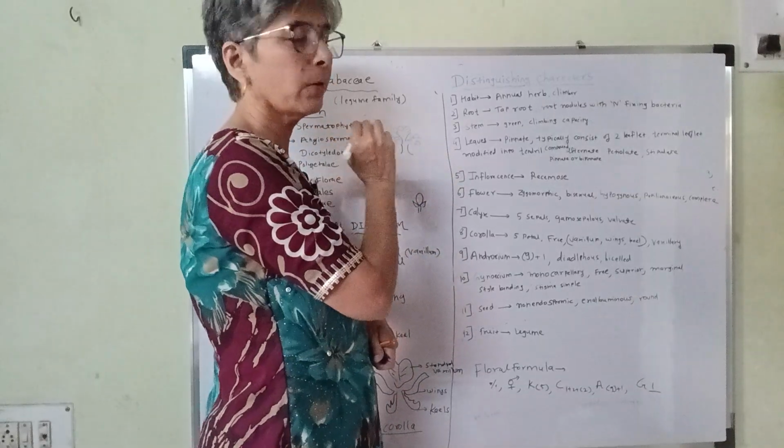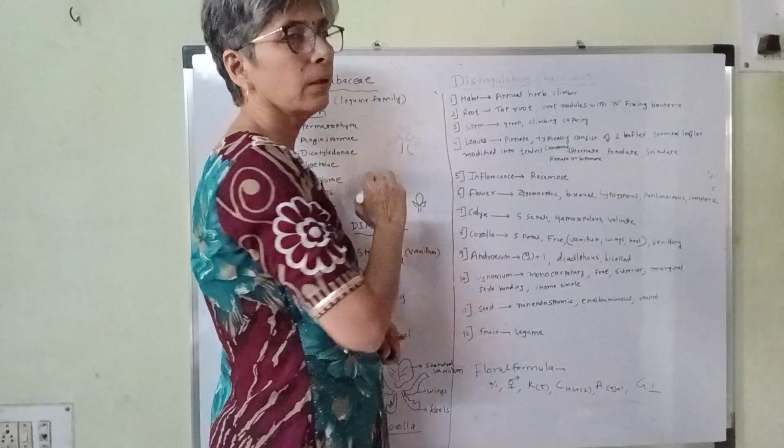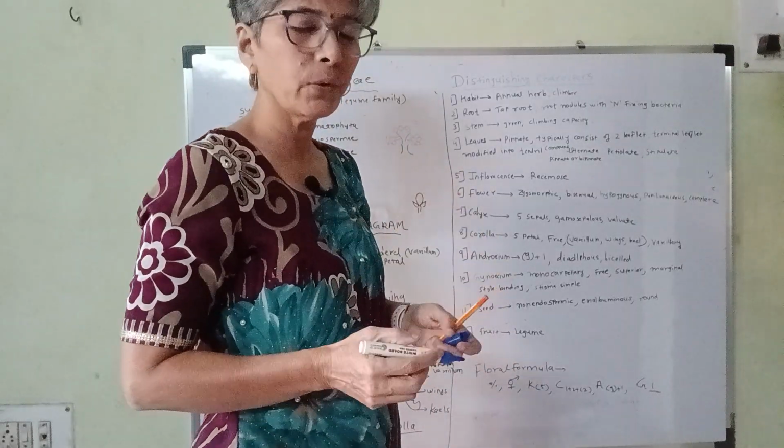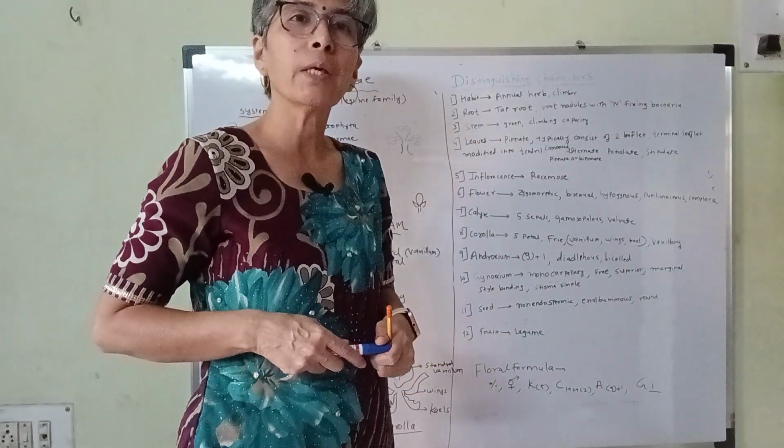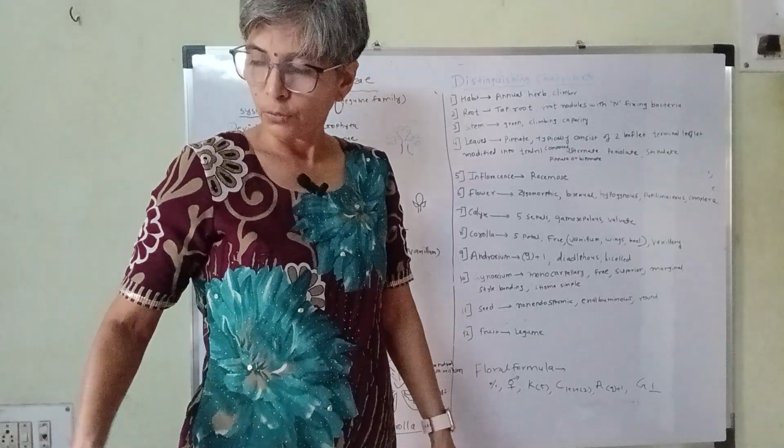See here, this is stalk. These are older flowers and these are younger flowers. This type of inflorescence is racemose type of inflorescence. Okay.